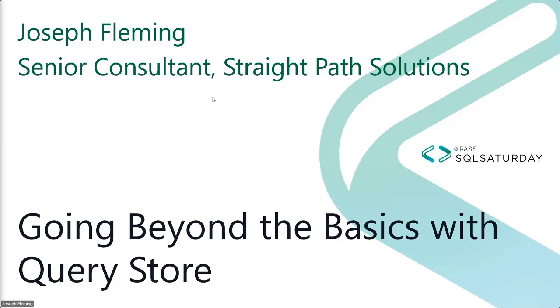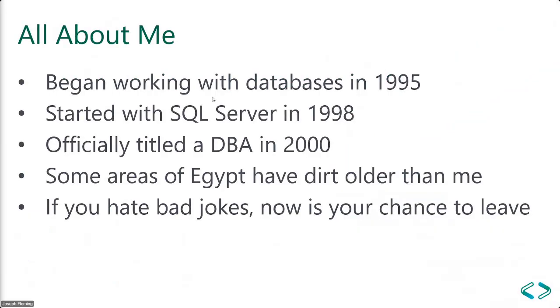So to start off with, I'll tell you a little bit about myself for those of you who don't know me. My name is Joseph Fleming. I began working with databases in 1995 in the medical records keeping field, so healthcare information systems. I started working with SQL Server in 1998 and officially earned my DBA title in 2000 when I went to work for a bank that has since been acquired probably 2 or 3 times by now.